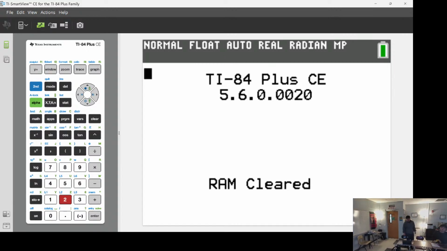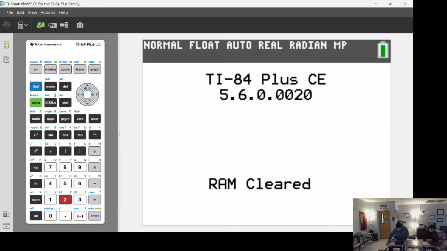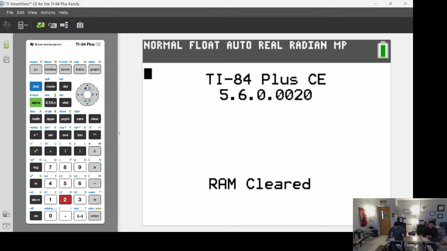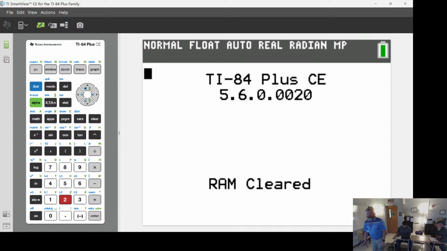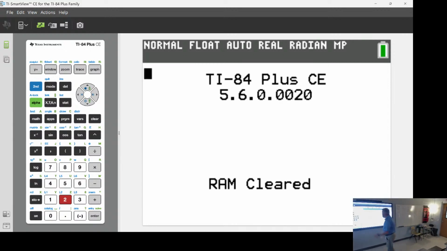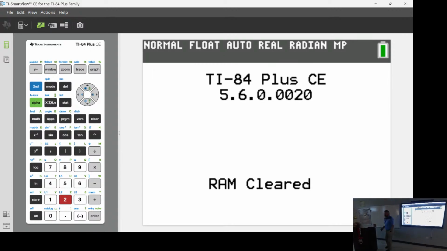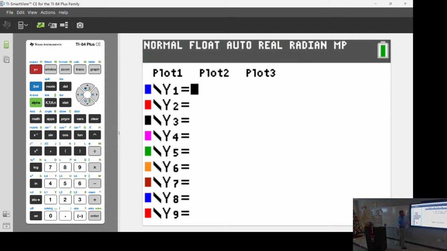Okay, clear your calculators. Okay, go to y equals. I want two numbers that multiply to get what?